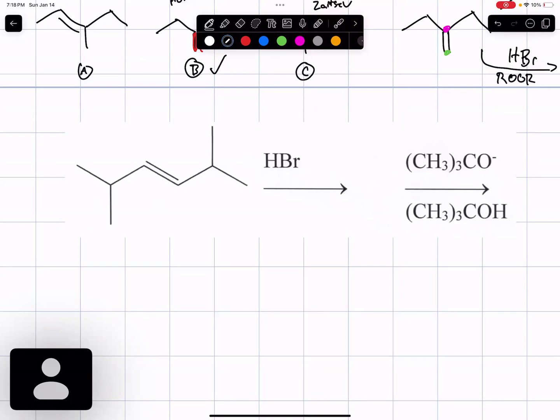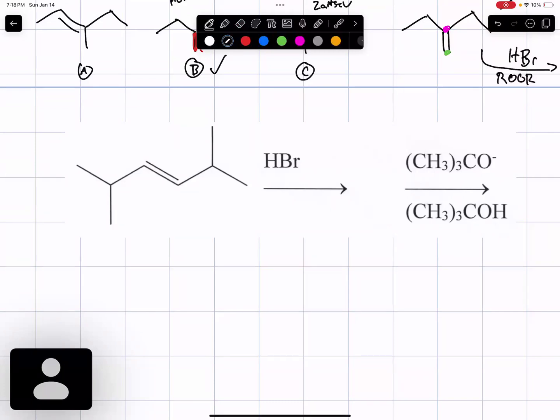But in this case, this doesn't go necessarily as a regular Markovnikov addition. This is an SN1 reaction. SN1 has rearrangement. And Br isn't just going to simply add to one of these carbons.